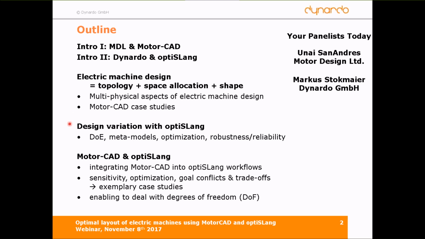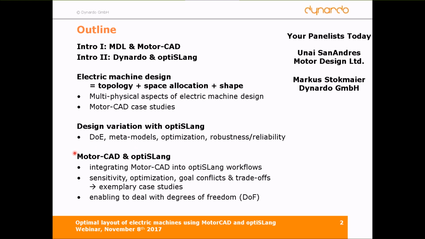The second block is about design variation with optiSLang, design of experiments, and sensitivity study. In optiSLang, by sensitivity study, we always mean response surface-based or meta-model-based sensitivity analysis. And what are the advantages, just as a few bullet points.